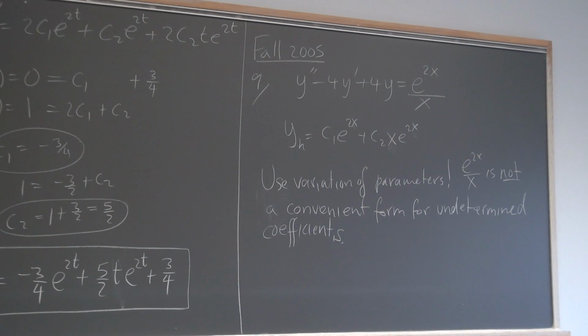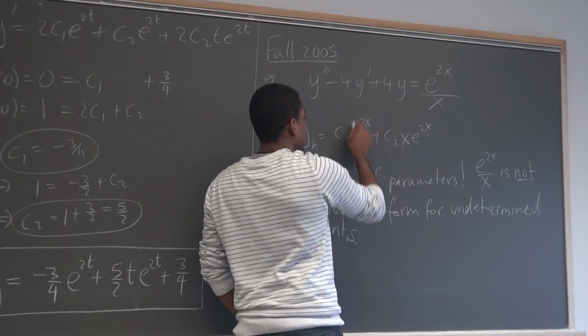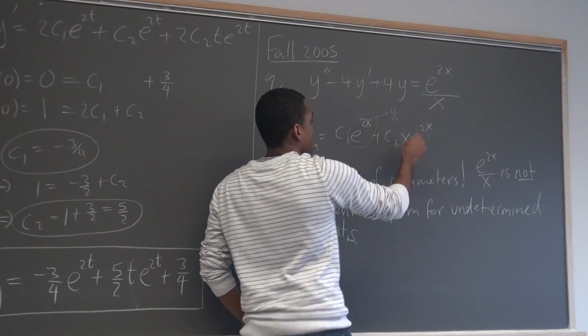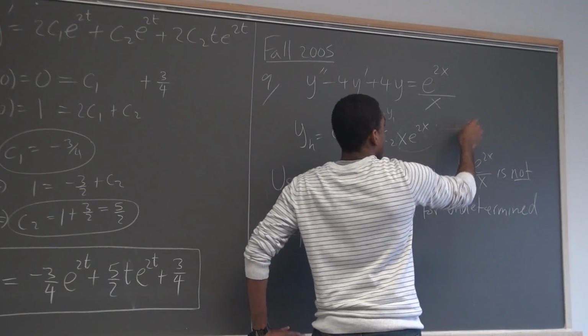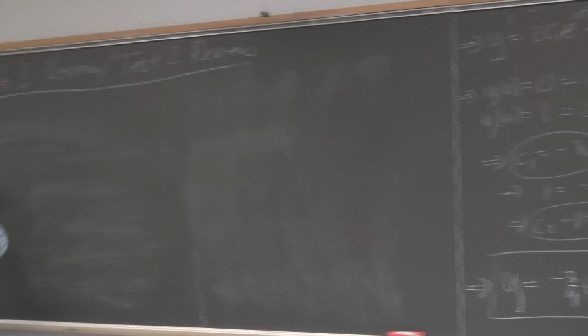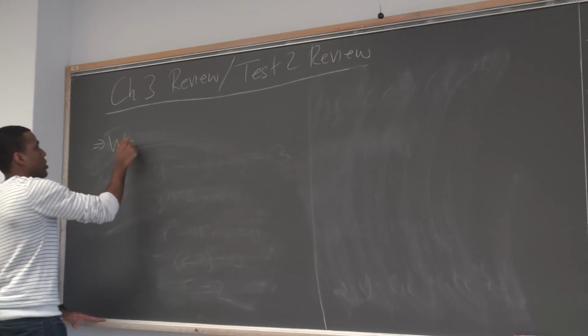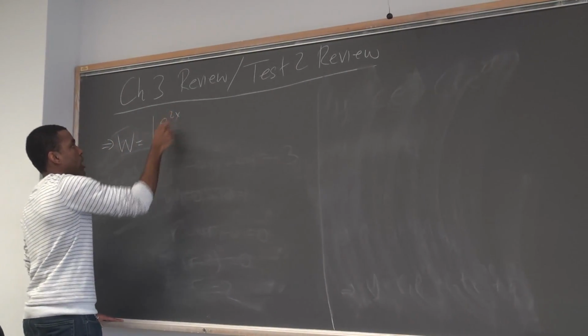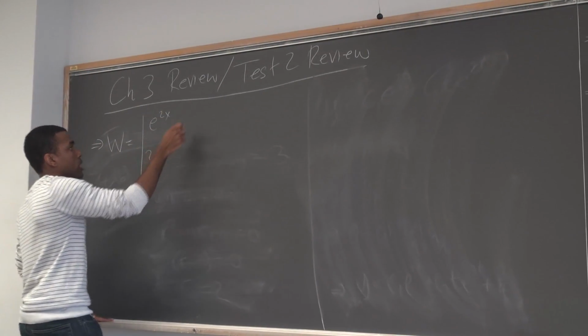So now we're going to jump into variation of parameters. What do we need? We need the Wronskian, right? So we are going to call e to the 2x my y1, and x e to the 2x my y2. Now we compute the Wronskian. This is e to the 2x, its derivative is 2e to the 2x.